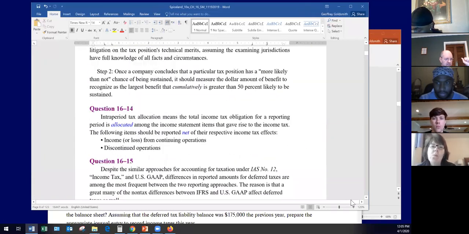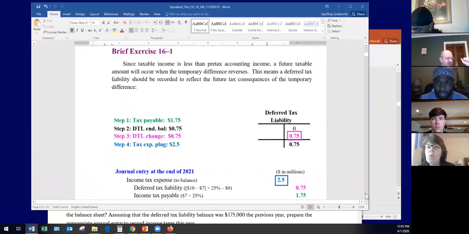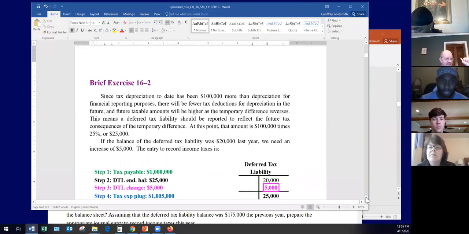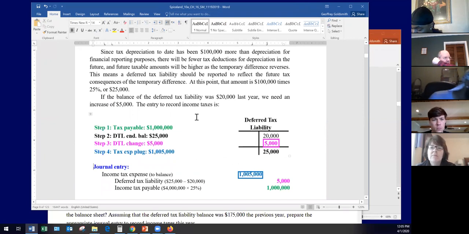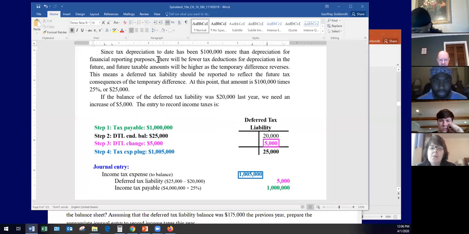So this tax depreciation to date has been $100,000 more than depreciation for financial reporting purposes. And that was by comparing the two book values, the accounting book value and the taxable book value.